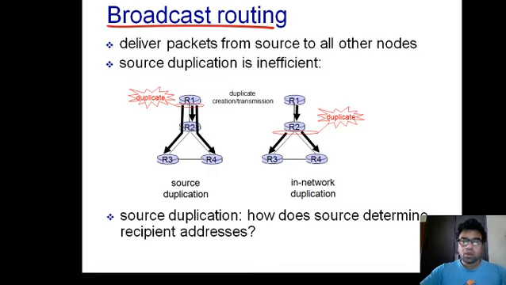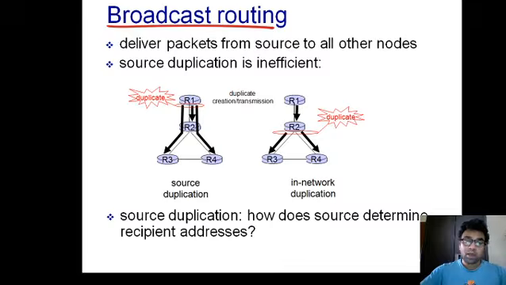Broadcasting is nothing but providing the information to all the nodes present in that particular network. So how this can be possible, that we'll see. As we all know, there is a universal broadcast address which is used for broadcasting information from one node to all the nodes present in that network. That universal broadcast address is 255.255.255.255.